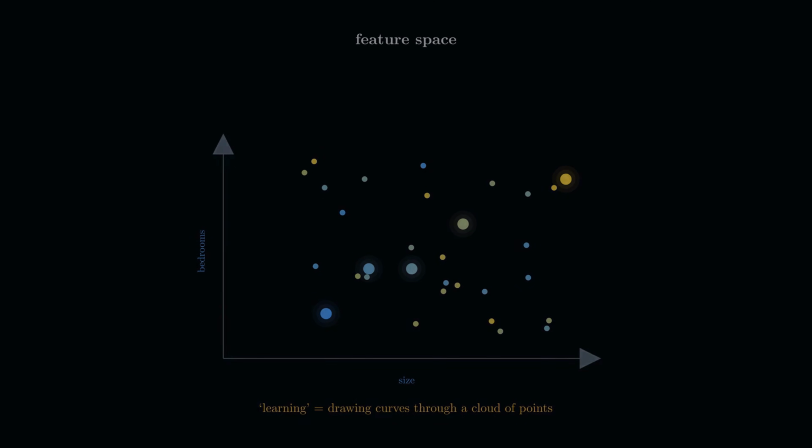But real datasets aren't all tidy numbers. A column might say city: New York, London, Tokyo, Dubai, or color: red, blue, green. Those are categorical features. And of course, a model cannot multiply Tokyo by a weight or by anything numerical.